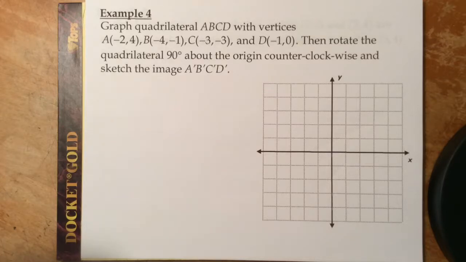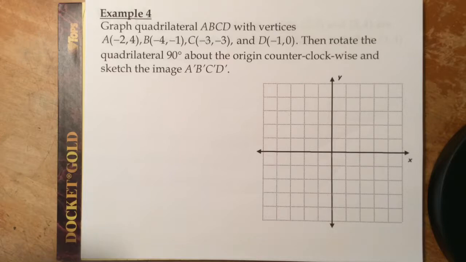Okay, now some examples with rotations. Example 4. Graph quadrilateral ABCD with vertices at A, -2, 4, B, -4, -1, C, -3, -3, and D, -1, 0. Then rotate the quadrilateral 90 degrees about the origin counterclockwise and sketch the image A prime, B prime, C prime, D prime.